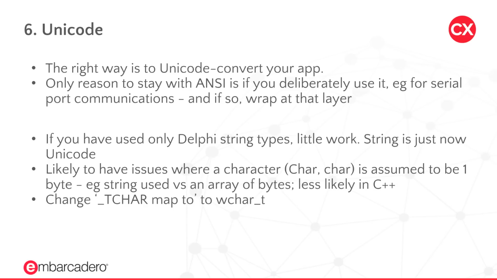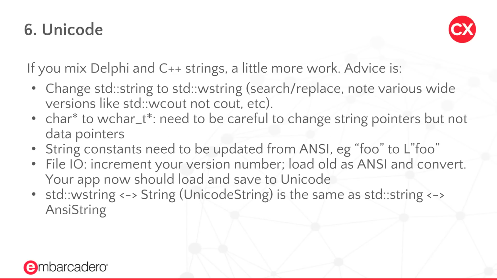The other thing you should do is change the project options TChar maps to setting to the wide character type. Now, if you mix Delphi-free and C++ strings, which is quite possible since C++ has string types, then you'll have a little more work. General advice is change all your usages of std::string to std::wstring.